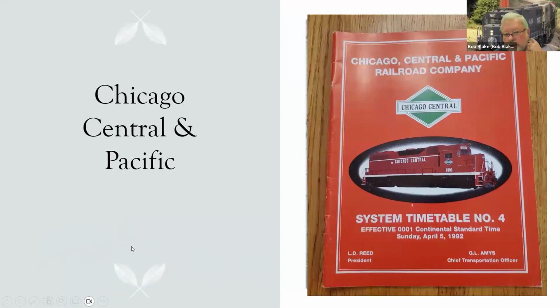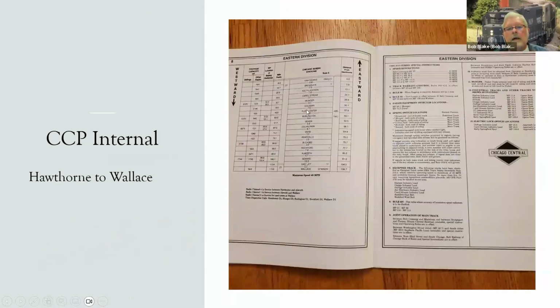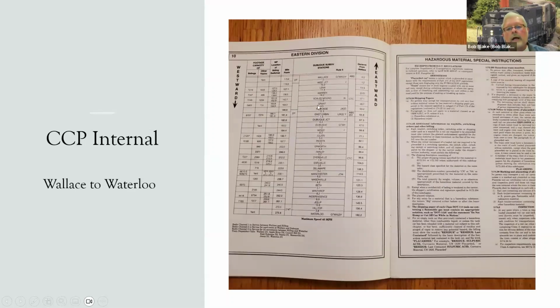Here's another example from the Chicago Central and Pacific. This one's a little bit later in time, early 90s. And signaling information in here, among other things. And the branch, again, that I'm interested in, from Chicago to Wallace Yard in Freeport, and then from Freeport all the way to Waterloo.